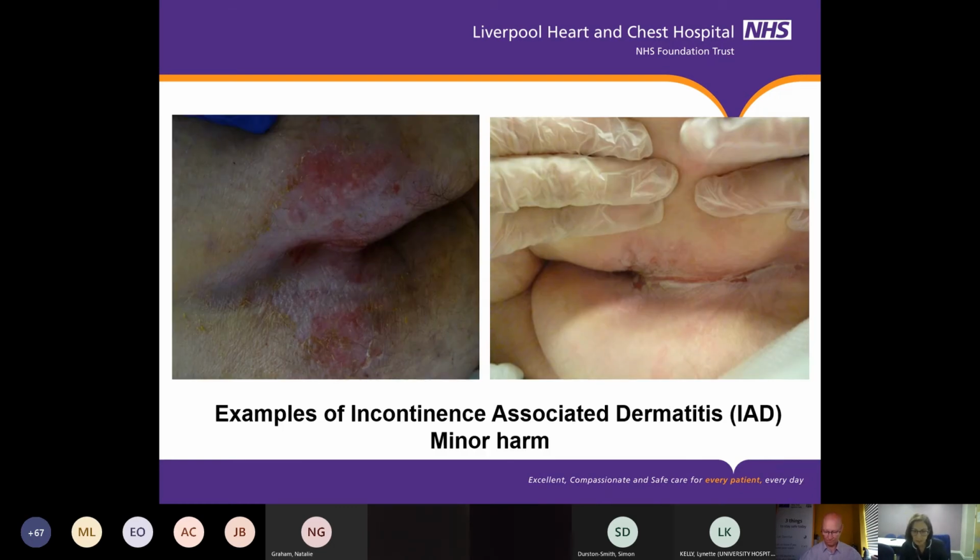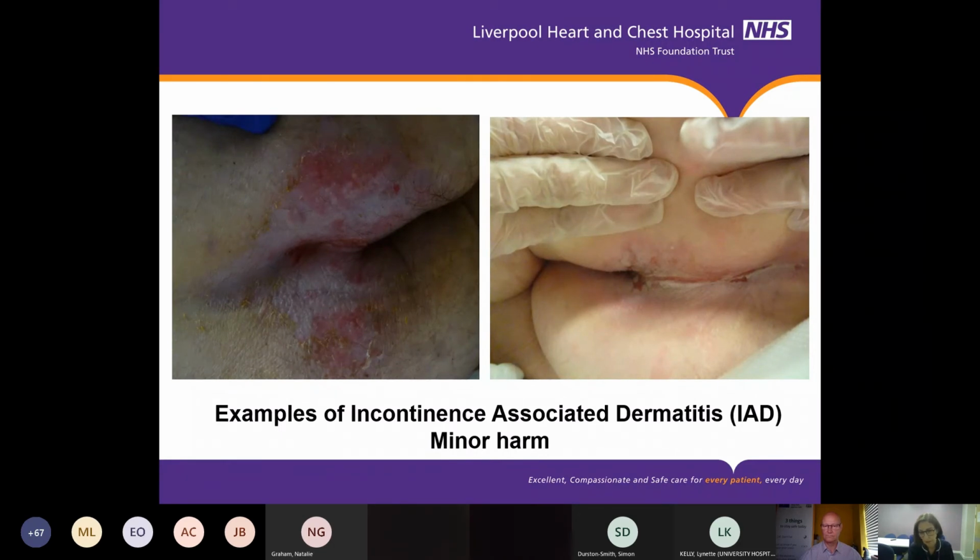Examples of incontinence-associated dermatitis that you might be familiar with. The picture on the left, they're both sacral areas, you can see overhydrated, wet, soggy skin, and that skin is then particularly vulnerable to the effects of pressure, shear or friction, that rubbing mechanical force.